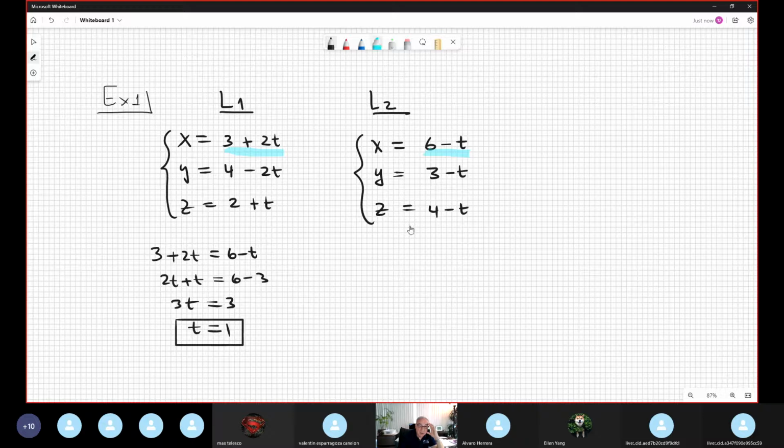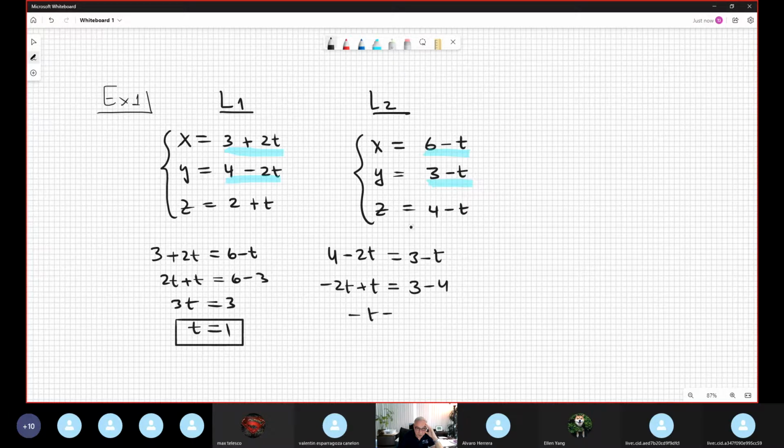Now you take the second component, y, and you set them equal to each other. 4 minus 2t equals 3 minus t. Again, you solve for t. Minus 2t plus t is equal to 3 minus 4.